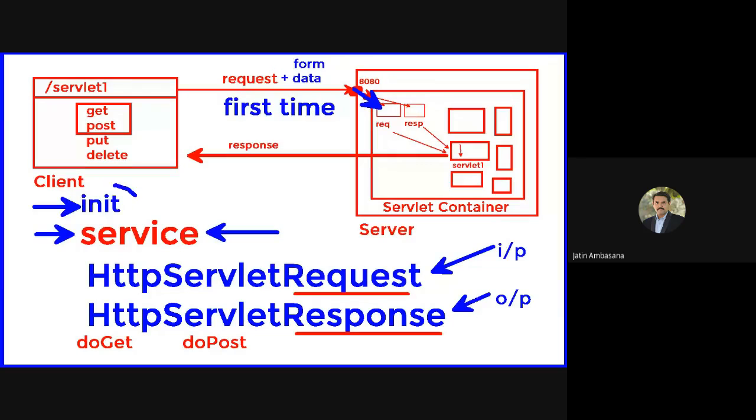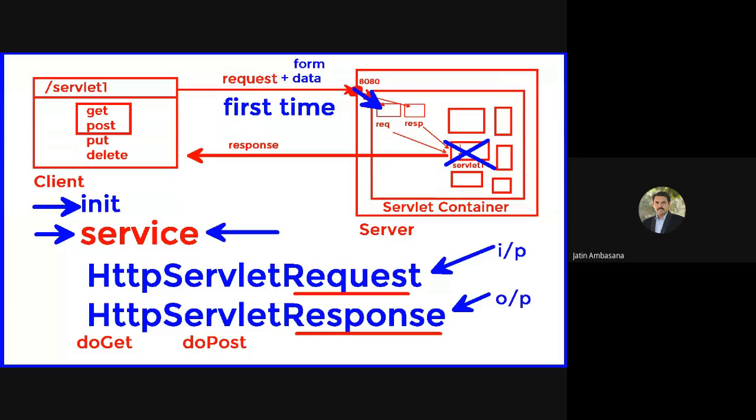So the init method runs only one time in the life cycle of the servlet. This is how the request-response protocol works, and this is how the init, service, and destroy methods work. Now you will ask, when will the destroy method get invoked? That is automatic. The destroy method happens when this servlet is removed from the servlet container's memory.